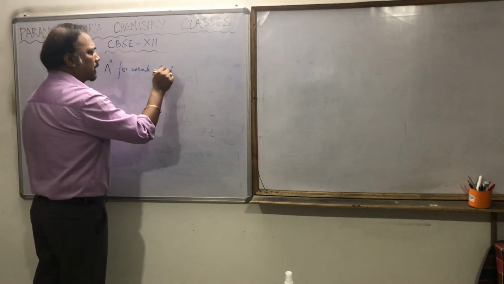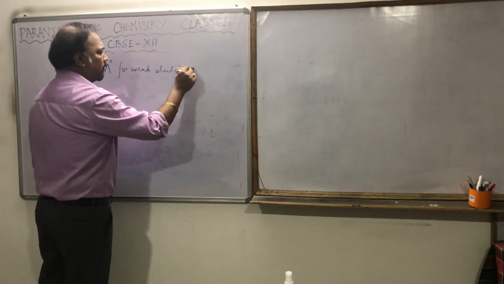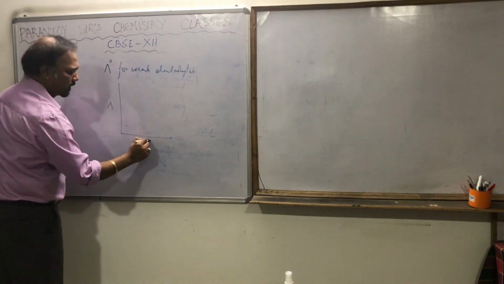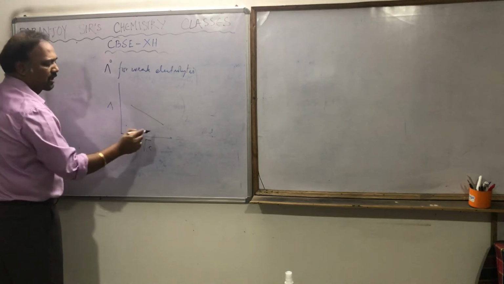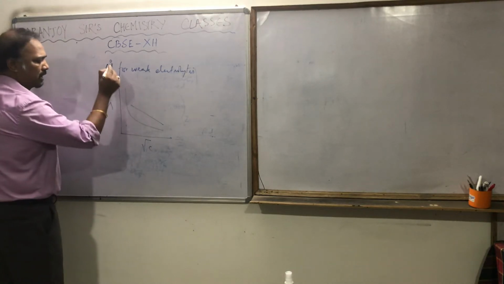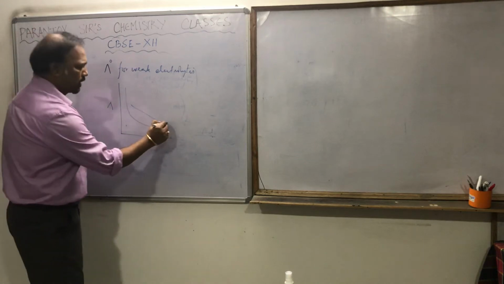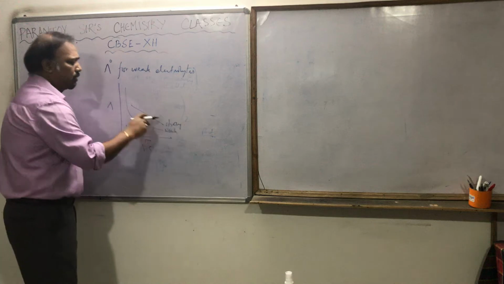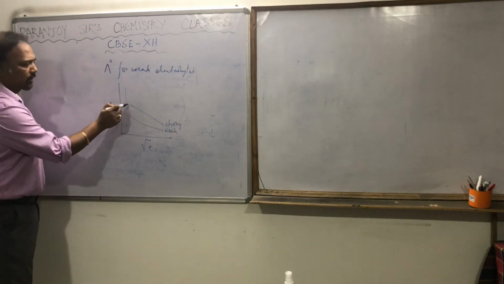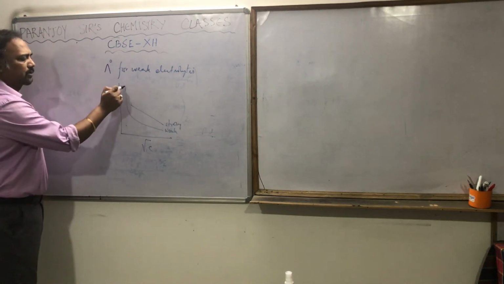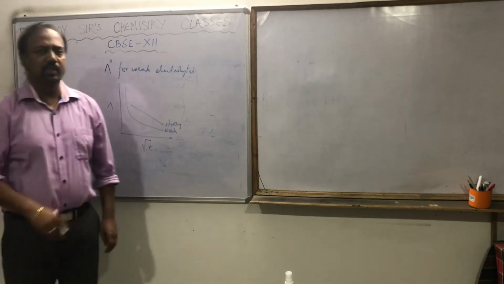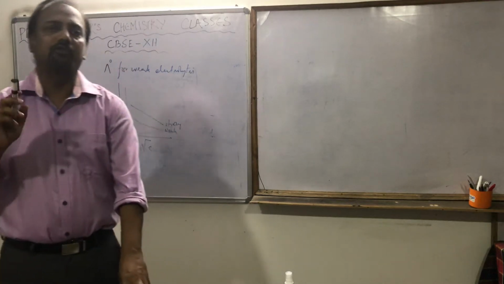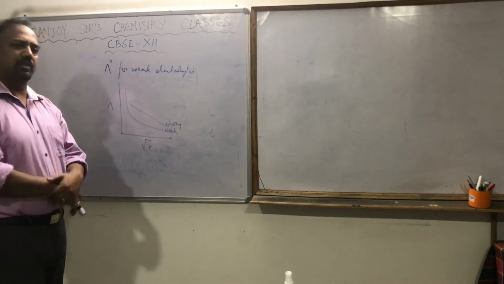If you remember, the graph of lambda versus root c for the strong electrolyte is like this, and for the weak electrolyte it is like this. For strong electrolytes we can get it by extrapolation, but for weak electrolytes we cannot, because if we extrapolate it, it is never going to cut the y-axis. Then how can we find the value of lambda 0 for the weak electrolyte?